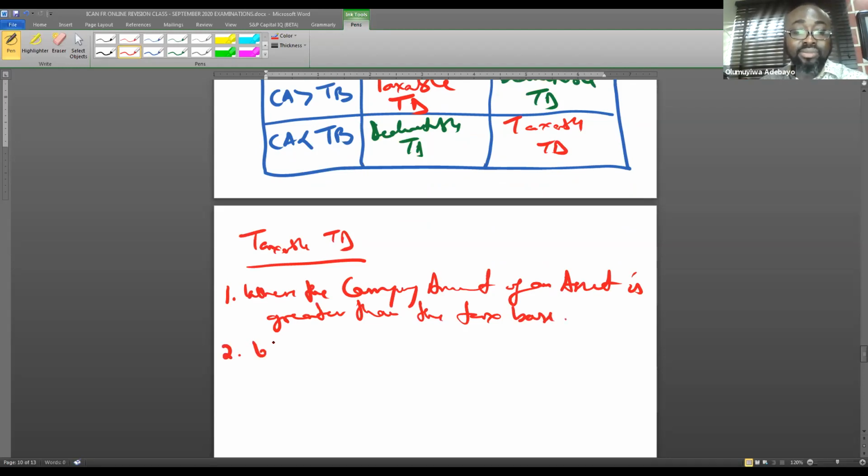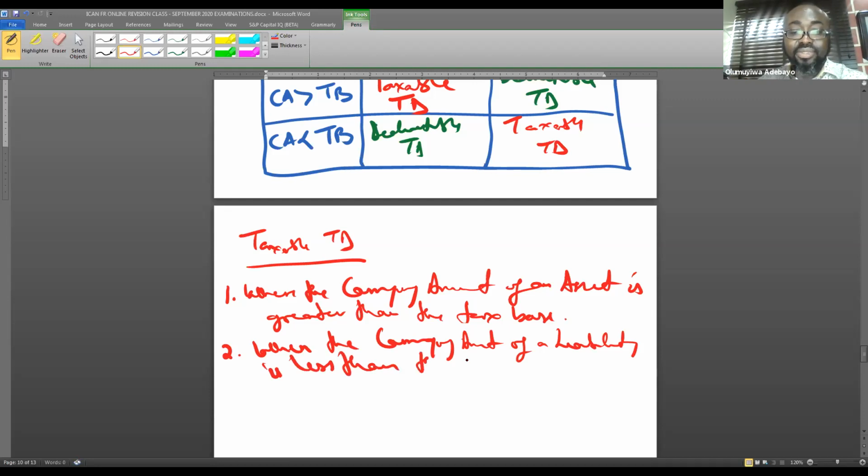And where the carrying amount of a liability is less than the tax base, which is what this chart is explaining to us.